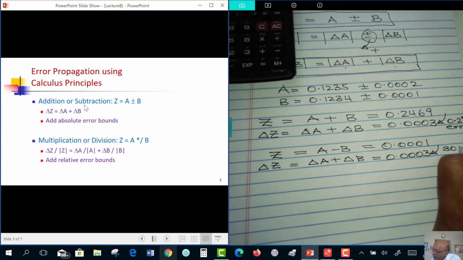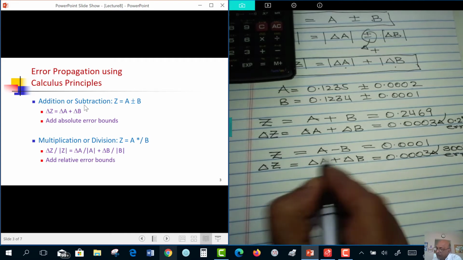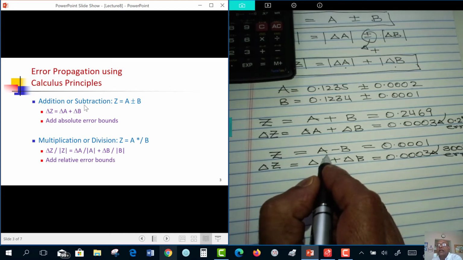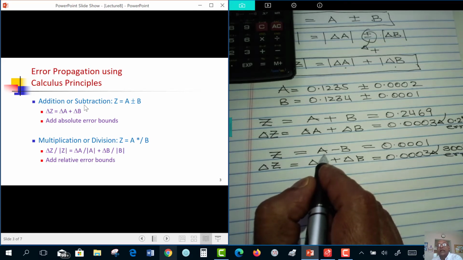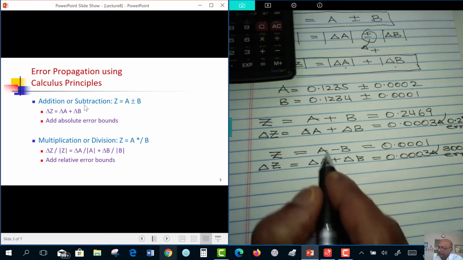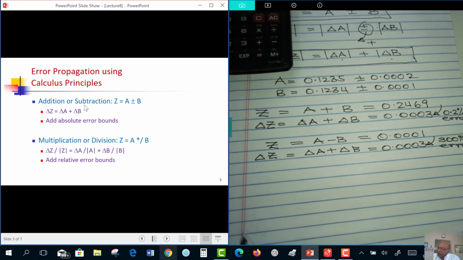So that's 300% error. Wow. So we have a problem. Whenever we are subtracting nearly equal numbers, we can get a huge loss in precision.